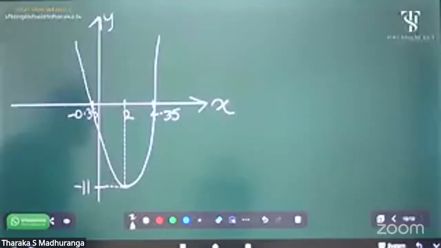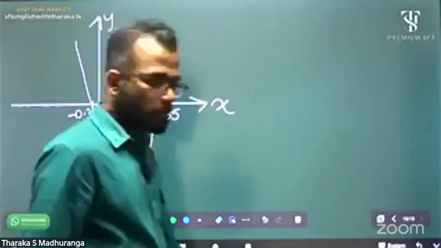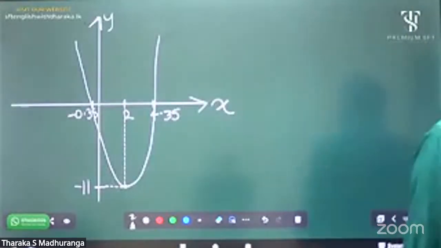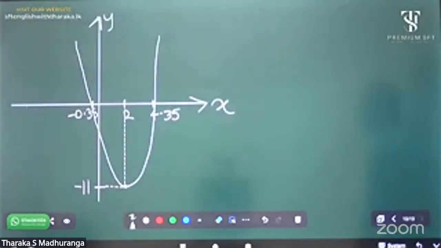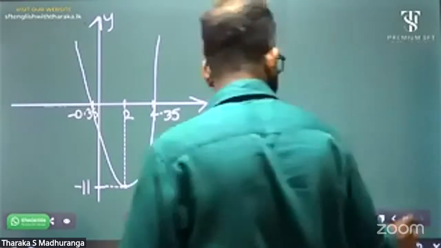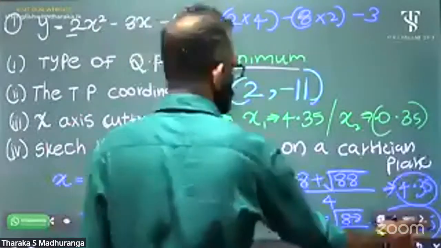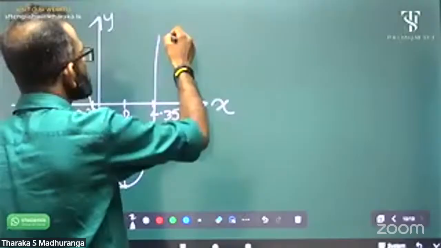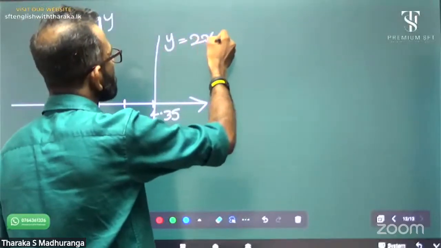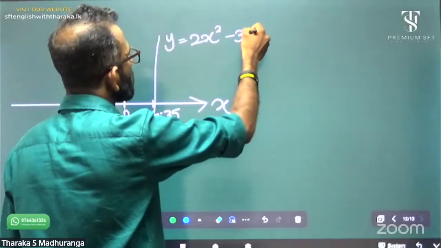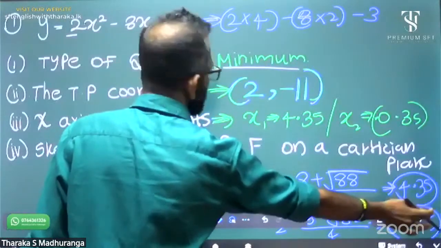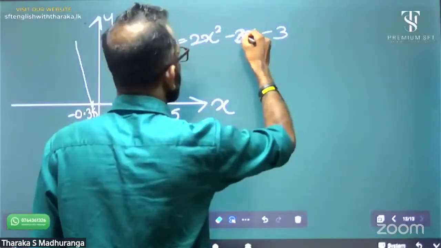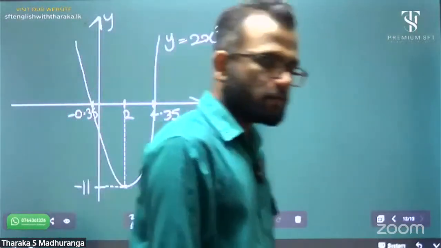Okay, this is the rough diagram. This is a sketch diagram of the parabolic graph given by the equation y equals 2x squared minus 8x minus 3. Okay, this is the complete answer.